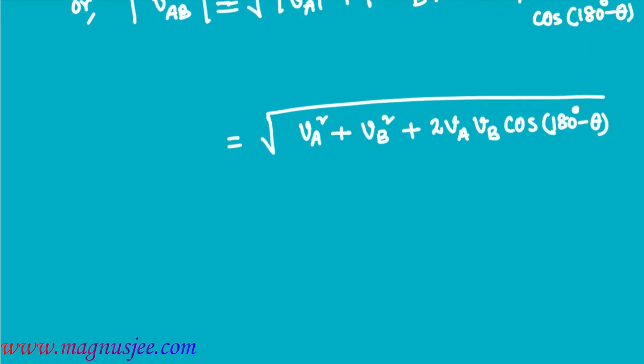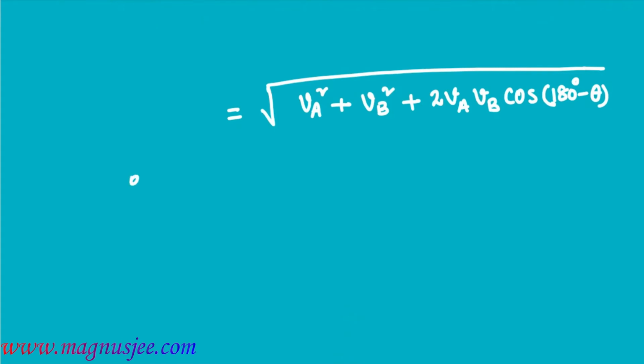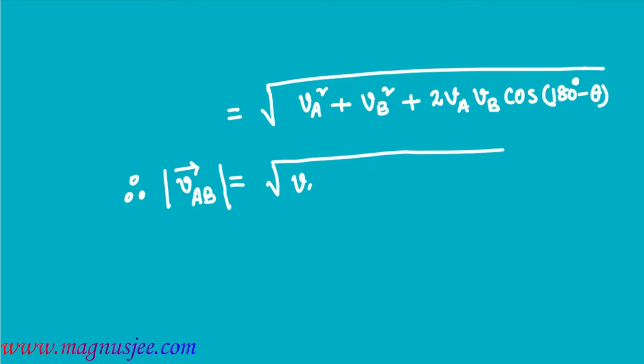Therefore, mod vector VAB, or only VAB, is equal to root over VA square plus VB square minus 2 VA VB cos theta, because cos 180 degree minus theta is minus cos theta.